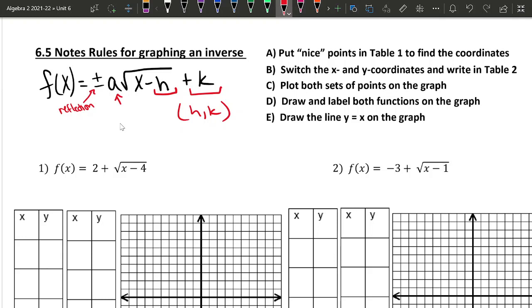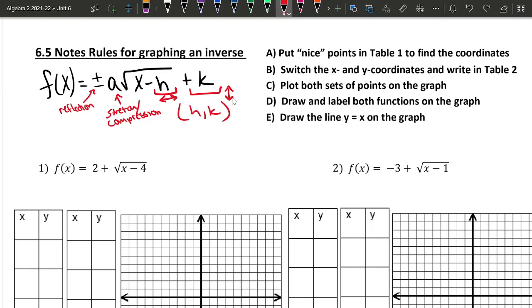The a is a compression or a stretch. And h is going left or right. k is going up or down.